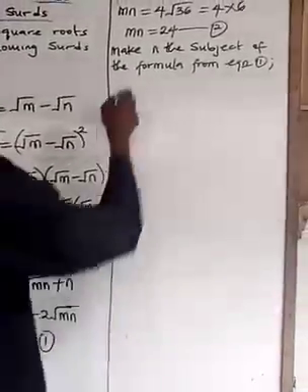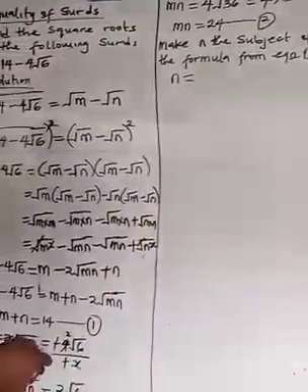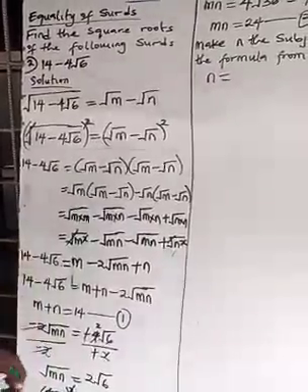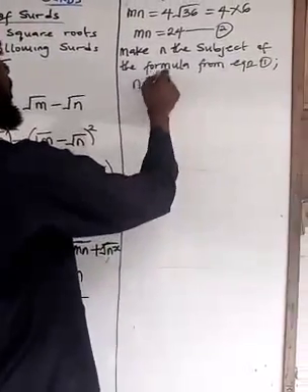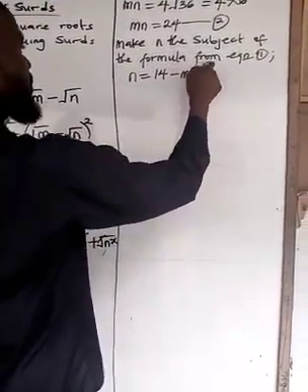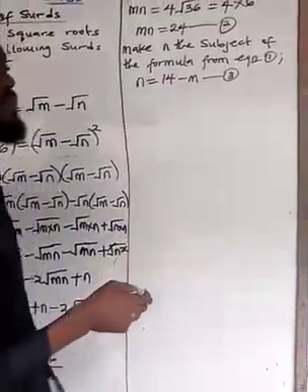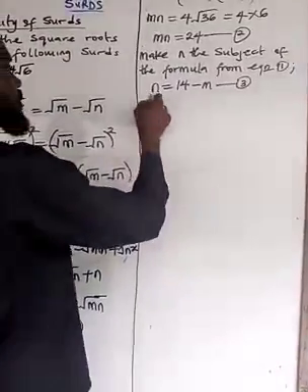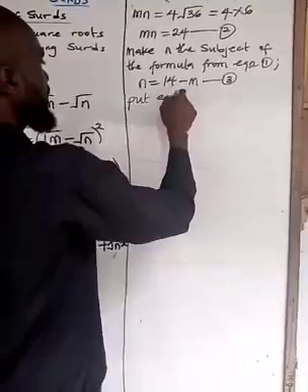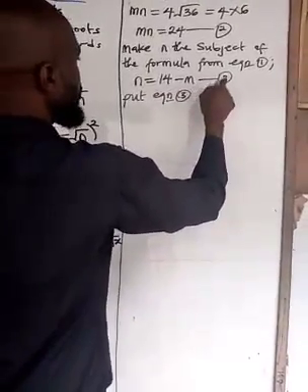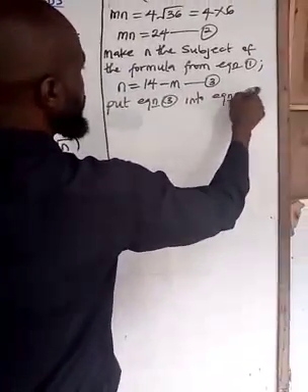So n should stand alone, so the m goes to that side. We have n equals 14 minus m, so this is equation 3. So we can put equation 3 into equation 2.